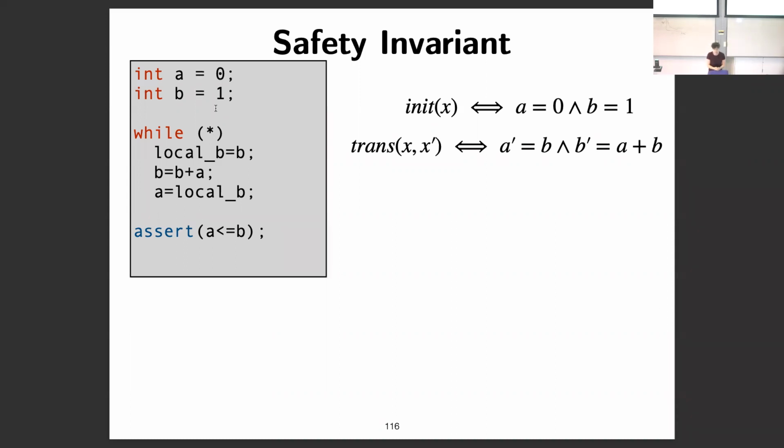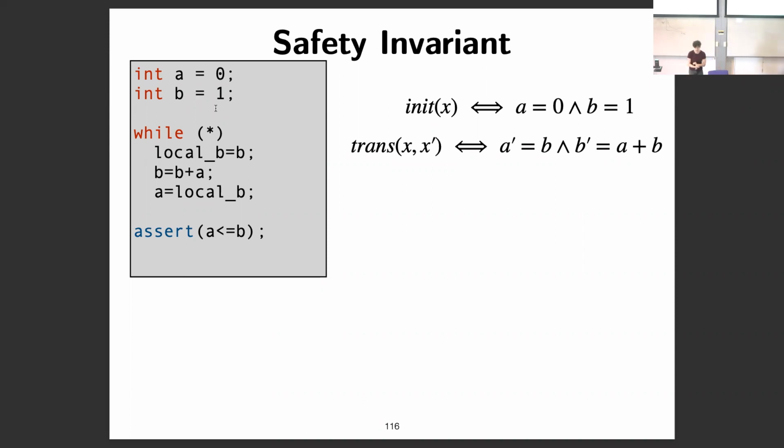I'm using the star to indicate a non-deterministic stop point. Assume that the user can put a key in or something that stops it. But whenever this stops, I want to assert that A is less than or equal to B. So I can't do this with bounded model checking.